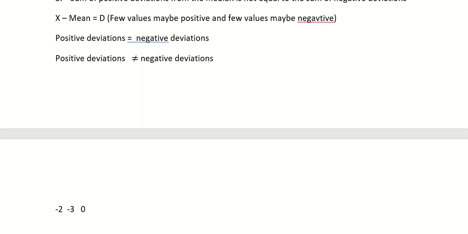I'm showing you the deviations, okay? So -3, then 3 and 2. So here, if we calculate its summation, it will come 0 because -2 and -3 would be cancelled out by plus 3 and plus 2. So deviation would come 0. But this is called normal distribution.